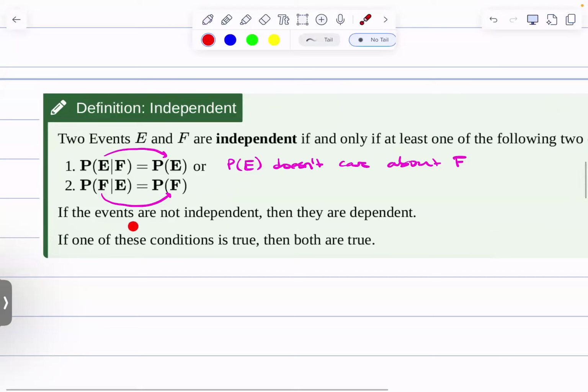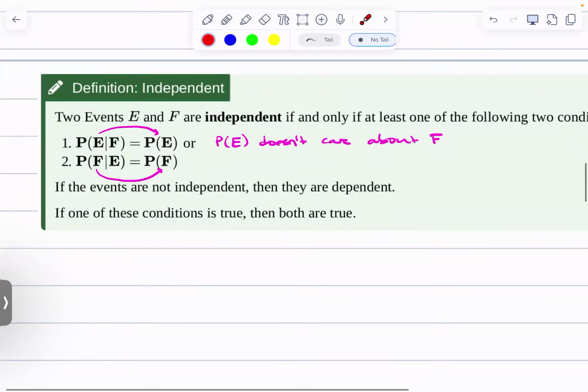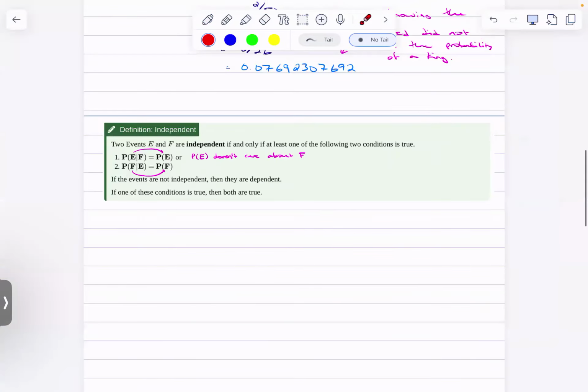Here's something to memorize: if the events are not independent, then they are dependent. Wow, groundbreaking. If one of these conditions is true, then both are true, right? If one doesn't care about the other, then the other doesn't care about it.